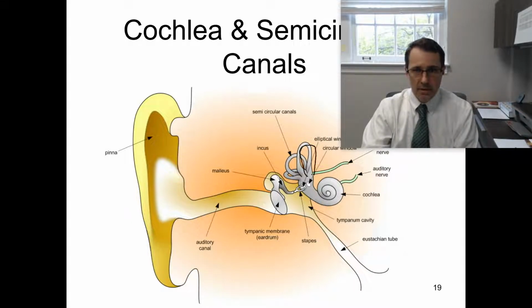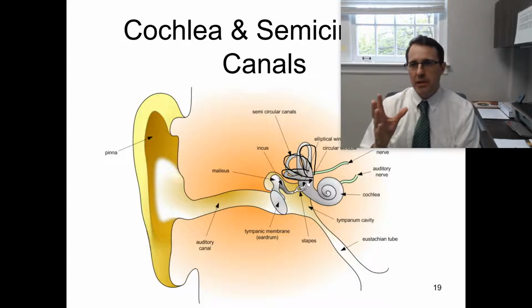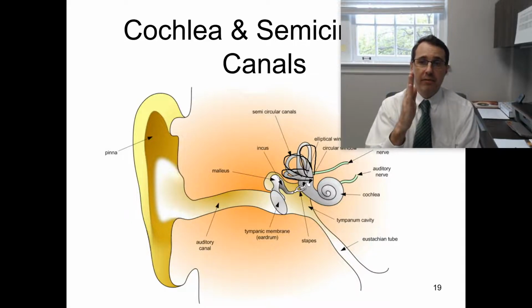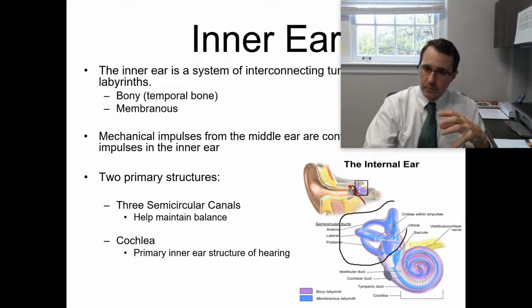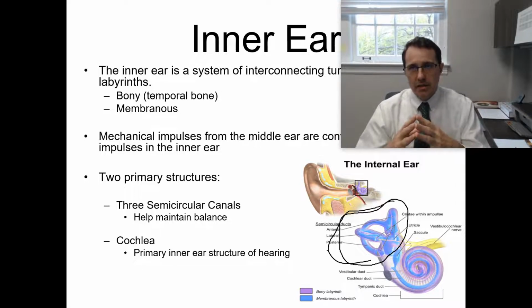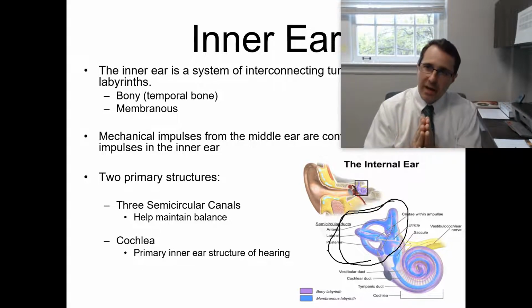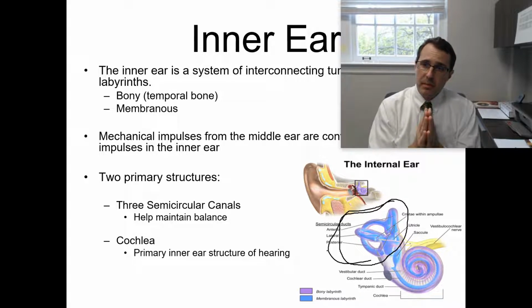Let's see, right here, and right here. And each of the semicircular canals is oriented in a different way. The semicircular canals also are filled with fluid, but they are not responsible for hearing. They're responsible for helping you balance.